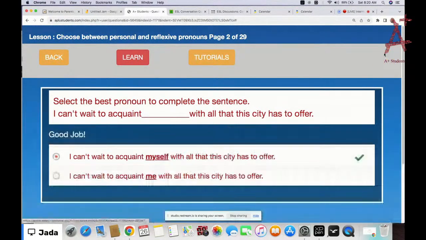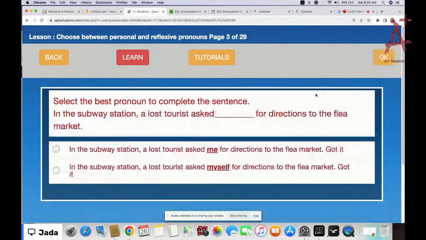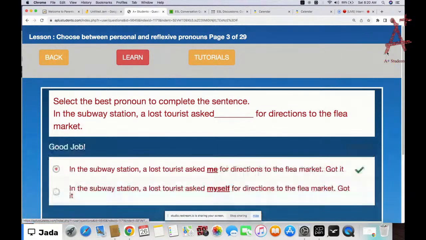In the subway station, a lost tourist asked dash for directions to the flea market. Is it "me" or "myself"? It's "me," so it's going to be a personal pronoun, not a reflexive pronoun.